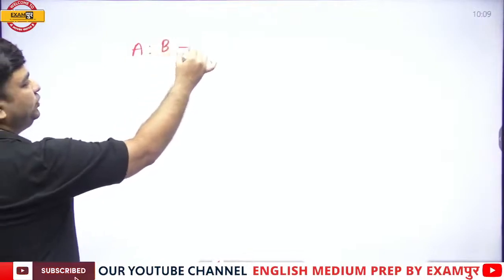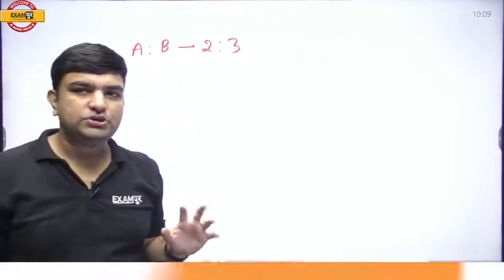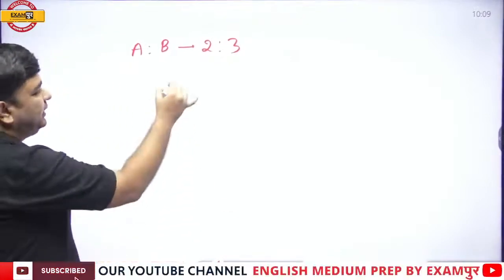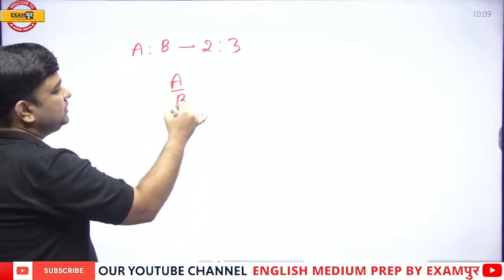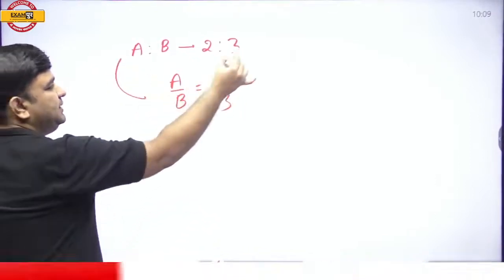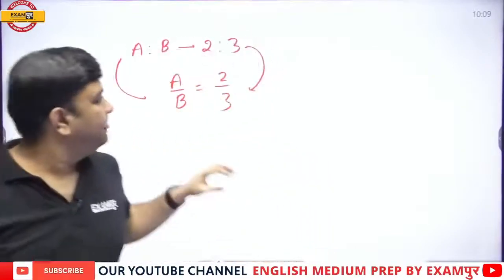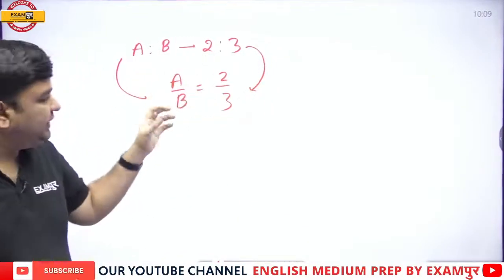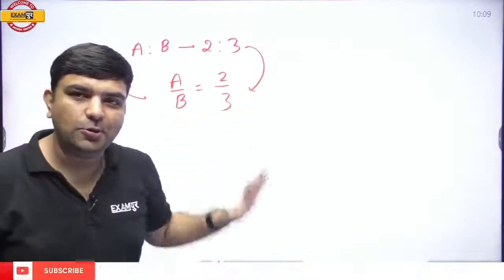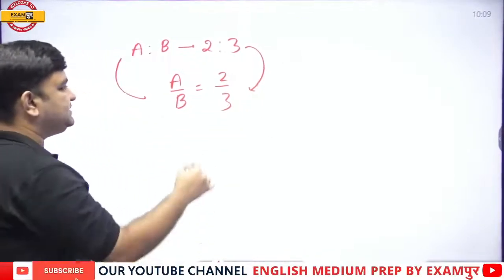A:B is 2:3. How to denote it? It can be written as A/B equal to 2/3. So what does this say?